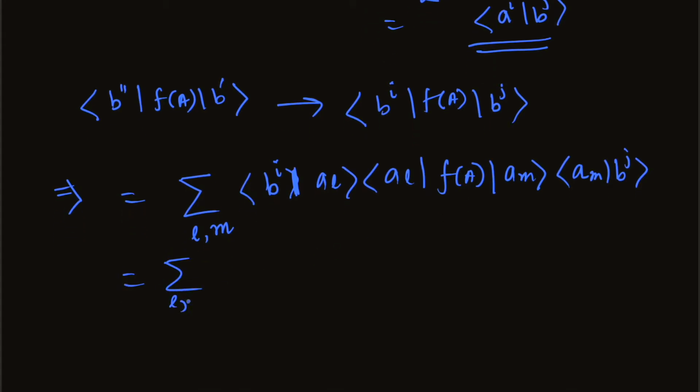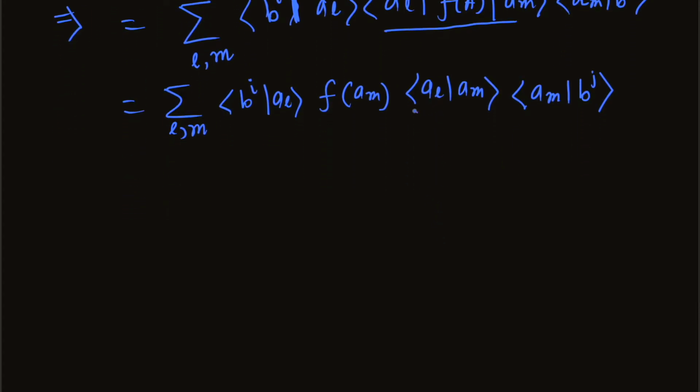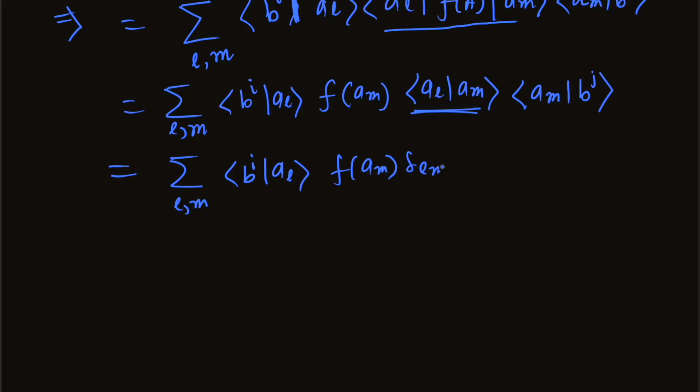So summation over l comma m of ⟨p_i|a_l⟩, this is nothing but f(a_m), because f(A) operating on a_m will give f(a_m), ⟨a_l|a_m⟩⟨a_m|p_j⟩. From the orthonormality condition we know that ⟨a_l|a_m⟩ is delta_lm, so ⟨p_i|a_l⟩ f(a_m) delta_lm ⟨a_m|p_j⟩.